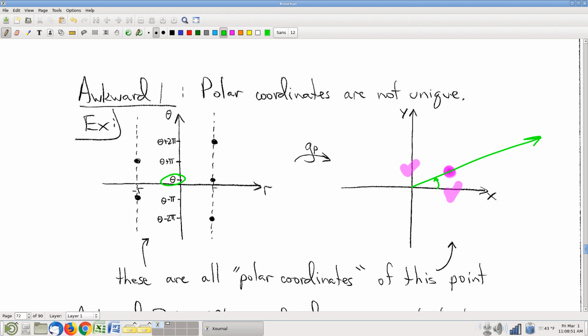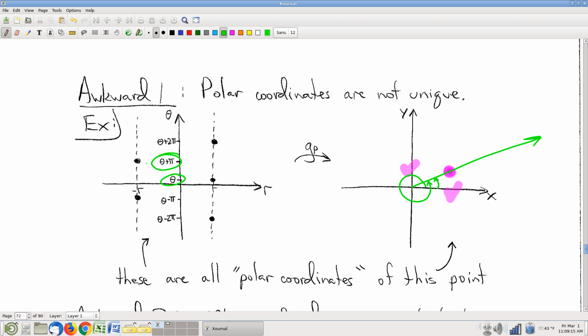Right, but I can also think about that direction as having been defined by going around that much, namely that value of theta. And I could go around as many times as I want. I get a bunch of different values of theta, perfectly legitimate values of theta, that, when interpreted as a direction, point exactly the same direction.